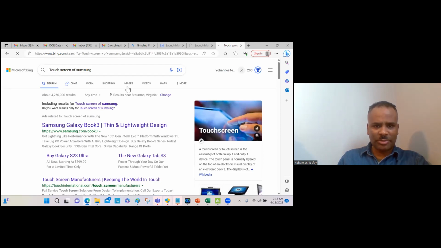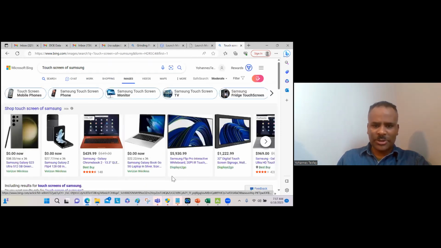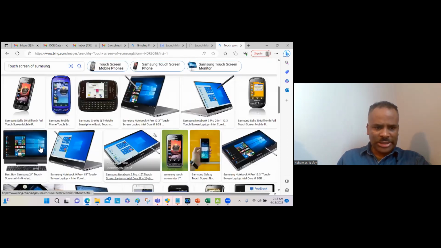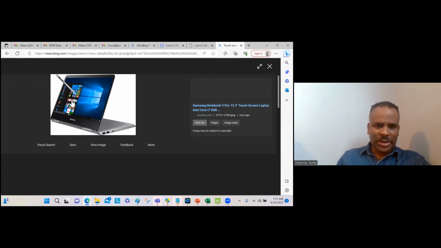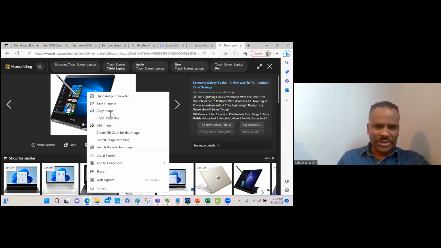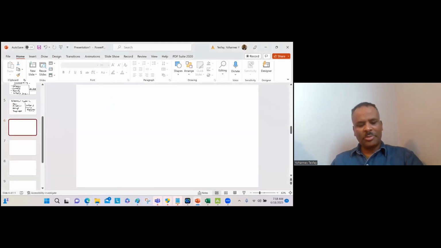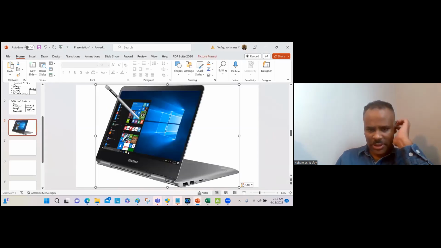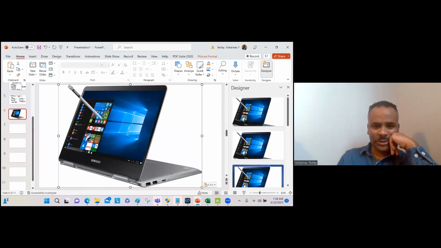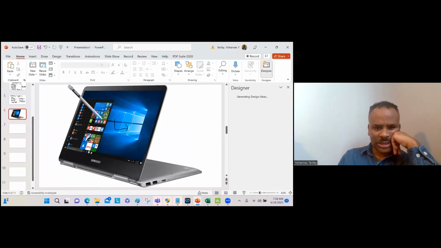So let me show you some images here. I'm talking about this surface. I'm copying it and pasting it here. This surface is the touch screen surface.